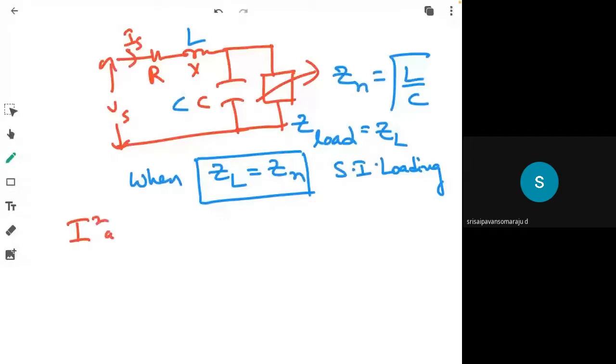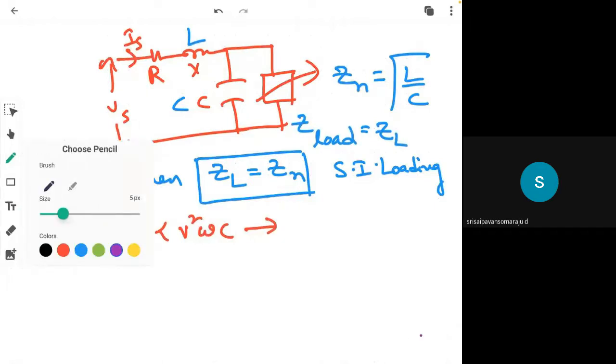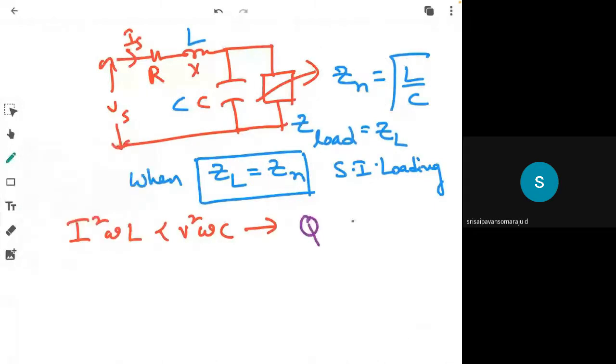When I square omega L is less than V square omega C, then in this condition the line will operate as a reactive power source.